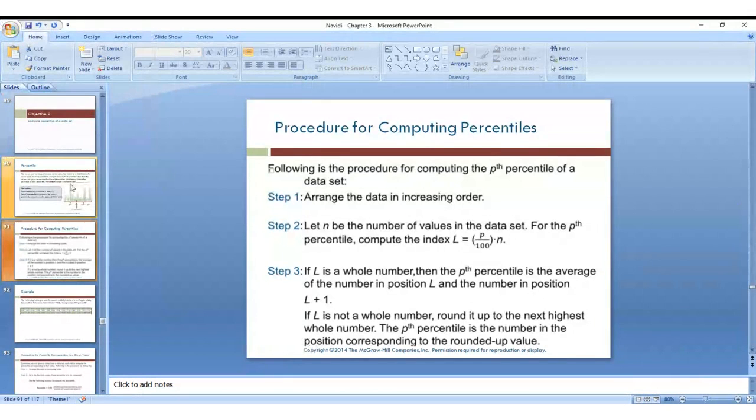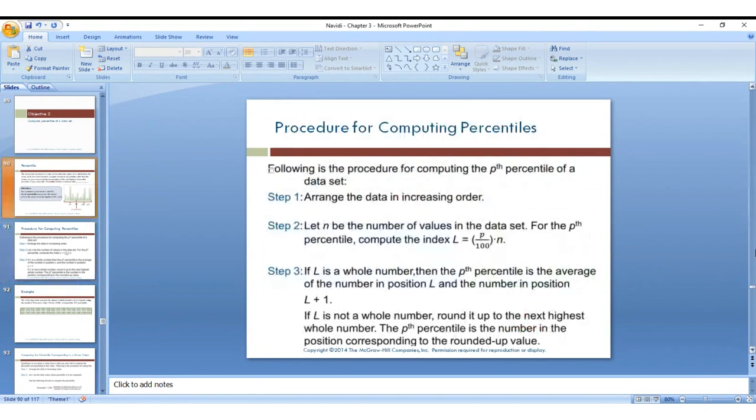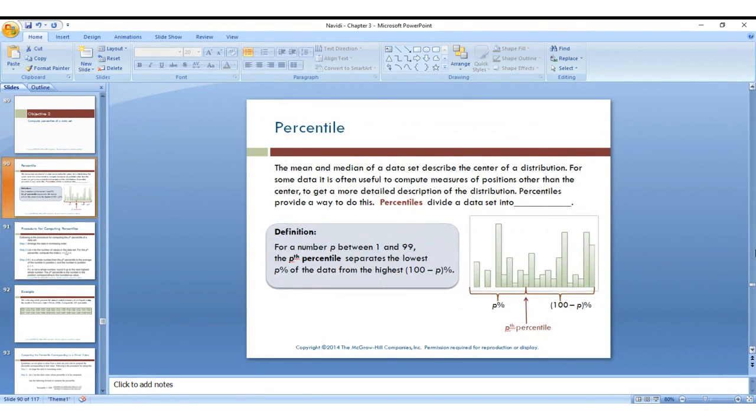Okay, anyway. All right, let me just have a word about what a percentile is. A percentile is just a fancy way of saying percent. Really, the formula they give you here, I just don't really like it, but I'll explain what this means. This right here is kind of a visual, but a percentile just divides everything into ones.